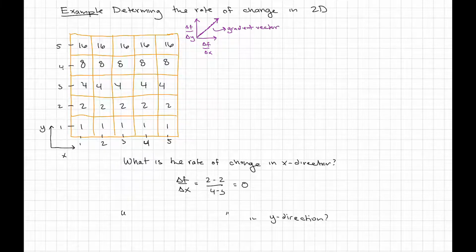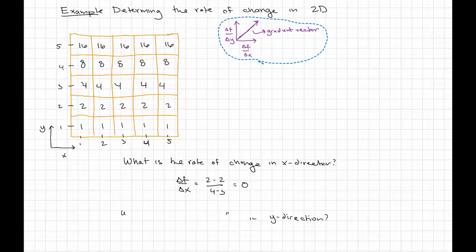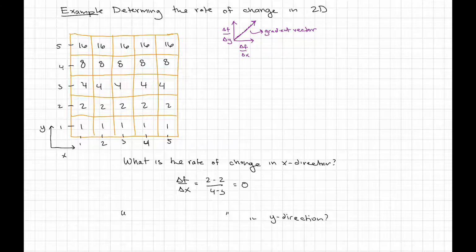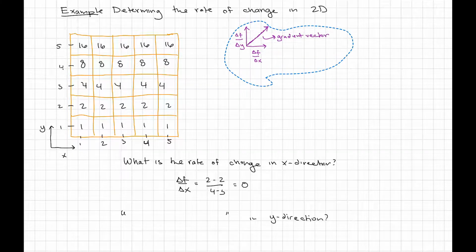Okay, so let's think about what the gradient vector would look like for this particular field of quantities. It's going to change depending on where I am in x and y space. I know for this particular field that the component of this vector in the x direction is always going to be 0, but it's going to change in the y direction. So actually, let me move this over a little bit further.